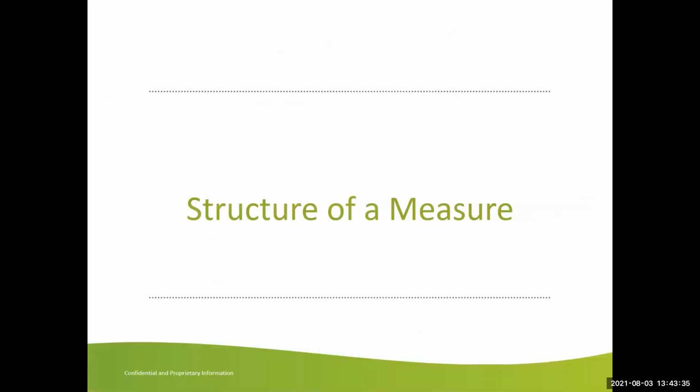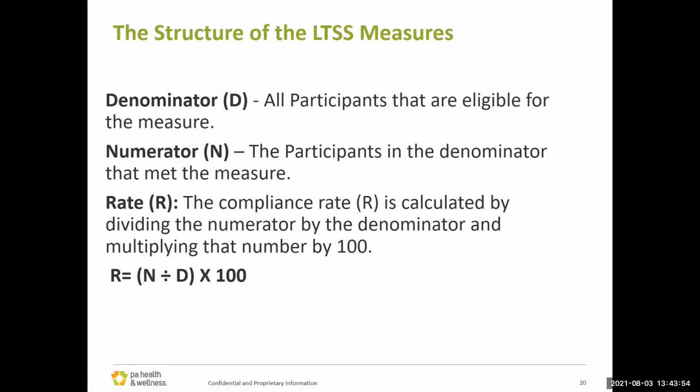Okay, next slide, please. Okay, I'm going to run through these relatively quickly, Olivia, because it's probably at a detail level we don't need at this point, and they can always go back and review this at another time if they need to know what the structure of a measure really looks like. But if you move to the next slide, just basically numerator, denominator, and rates. I think we probably all know the basic calculations.